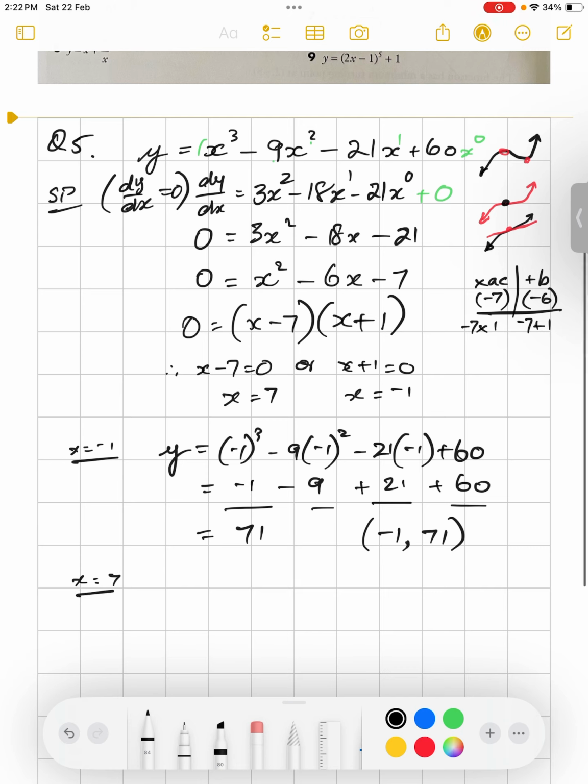When x is 7, bigger numbers, 7 cubed minus 9 times 7 squared minus 21 times 7 plus 60. So 7 times 7 is 49 times 7 is 343. Is that right? Yep. And now 9 times 7 squared is 9 times 49.